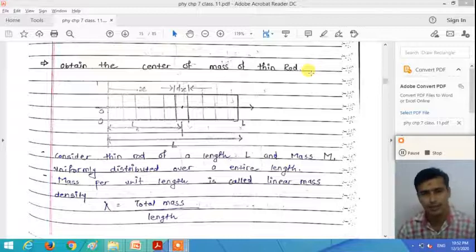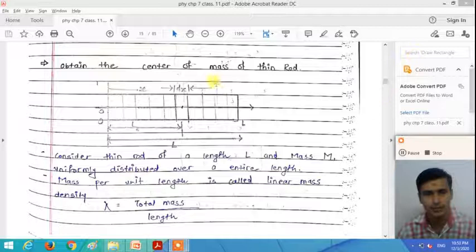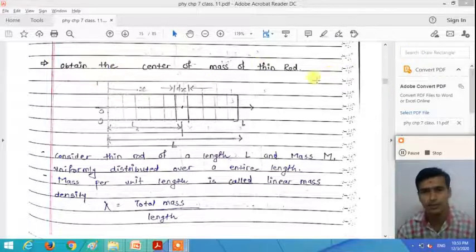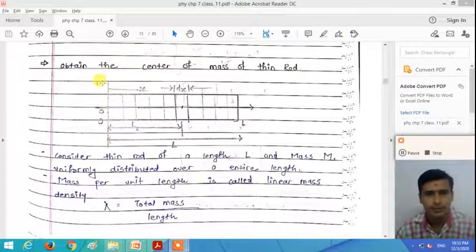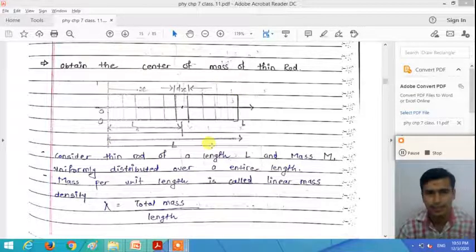What is the analytical method for the center of mass? We take a small segment, calculate the mass of the small segment and its distance from the origin, and calculate the center of mass from the integration method. So our question is to obtain the center of mass of the thin rod. Consider a thin rod of length capital L, having a uniform mass distribution over the entire length.